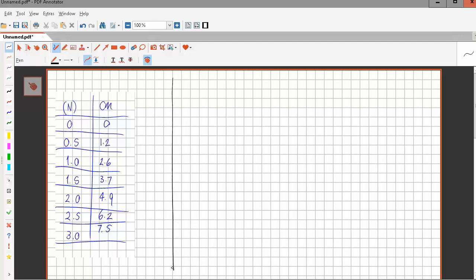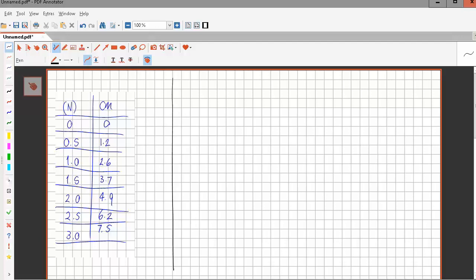Let me count how many squares there are: 1, 2, 3, up to 20. There are 20 squares, and I'd like those 20 squares to represent a total load of 3 newtons.